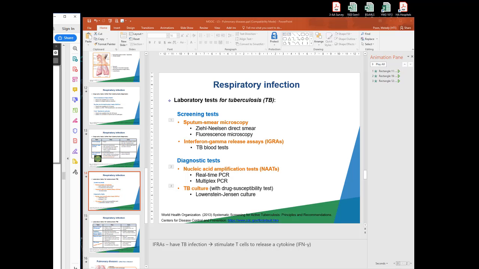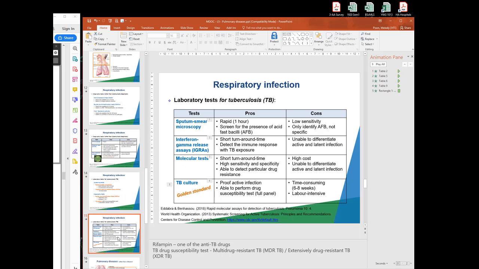These require a blood sample. If there is a positive screening test result, we will proceed to diagnostic tests, including molecular tests using real-time PCR or multiplex PCR, and TB culture, which can include drug susceptibility tests.